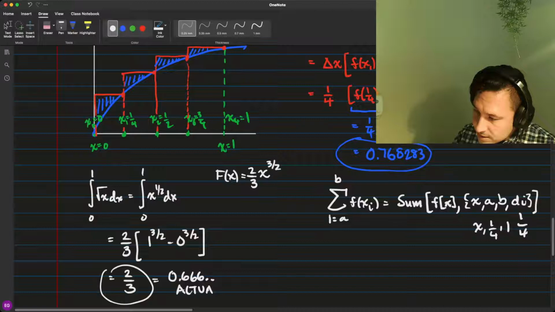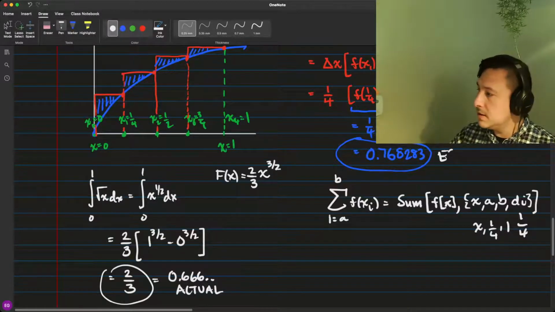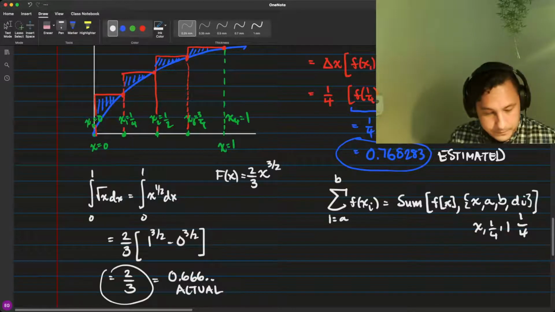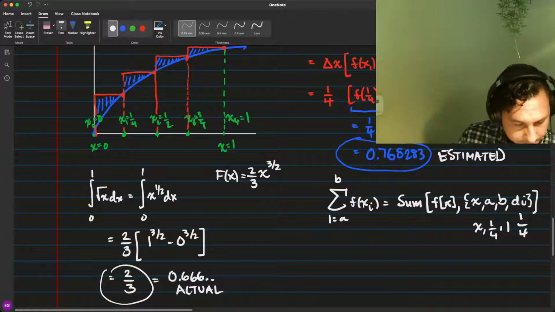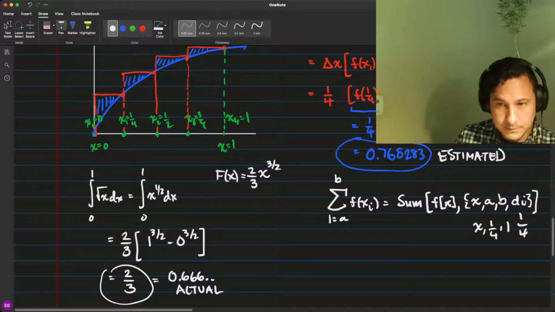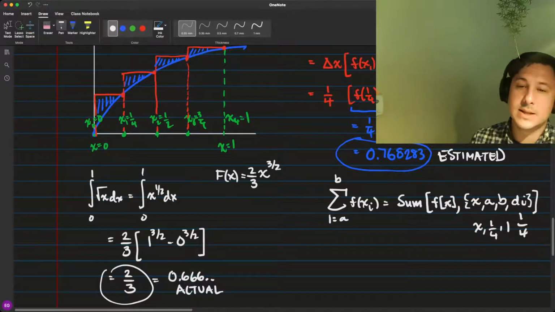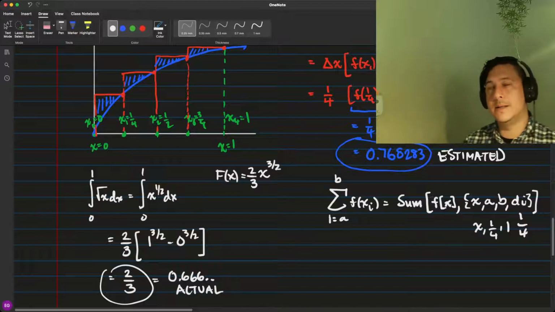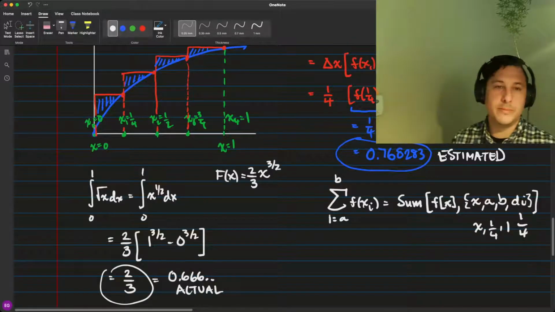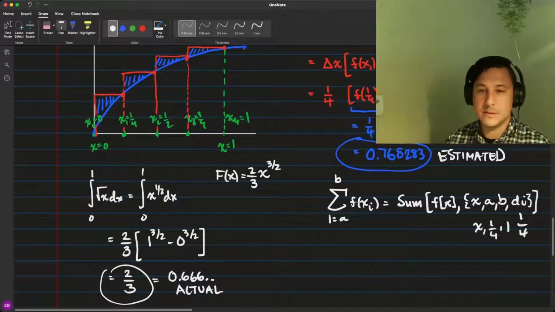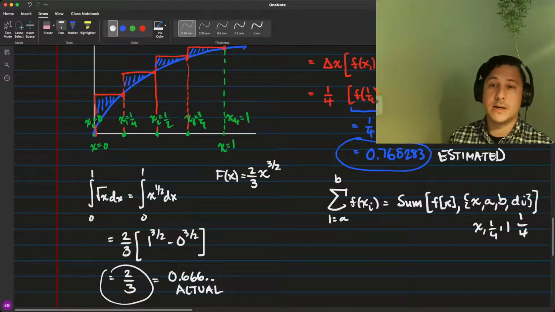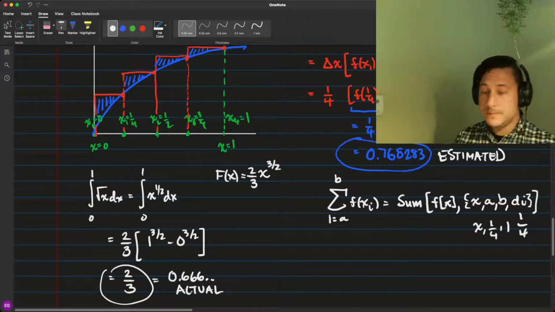The actual area, and then this one is the estimated area. Okay, so 0.76, not too bad of an estimate of 0.66, right? And we'll see how much more accurate the trapezoid rule is in a moment.